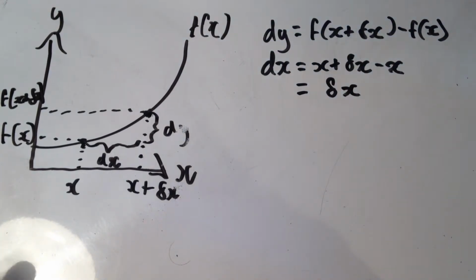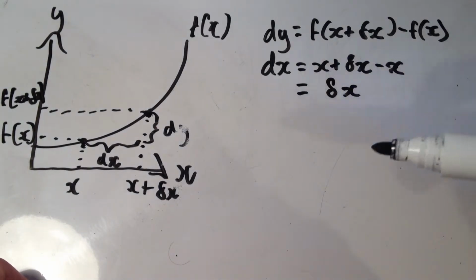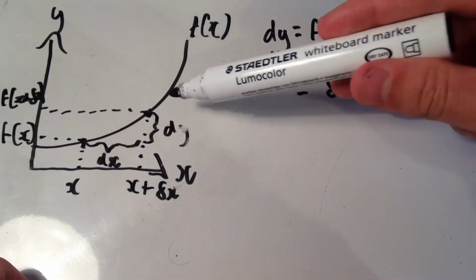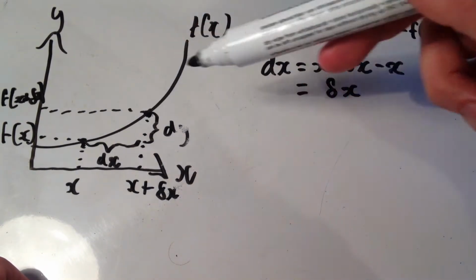However, if we just did this as it were, difference y over difference x, we again would find out just the gradient of this secant.